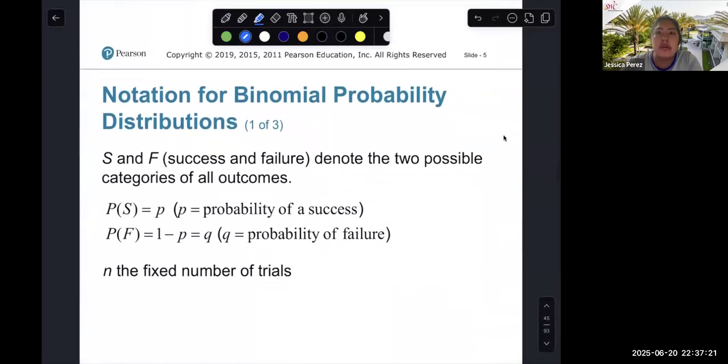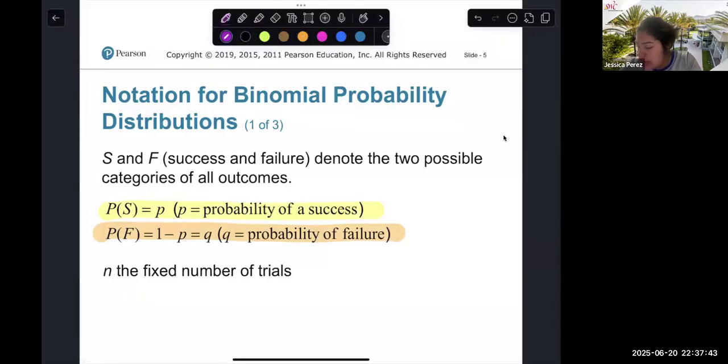We have a notation for a binomial probability distribution. S and F, success and failure, denote the two possibilities. P(S) is the probability of a success, and P(F) is 1 minus P, or the probability of failure.